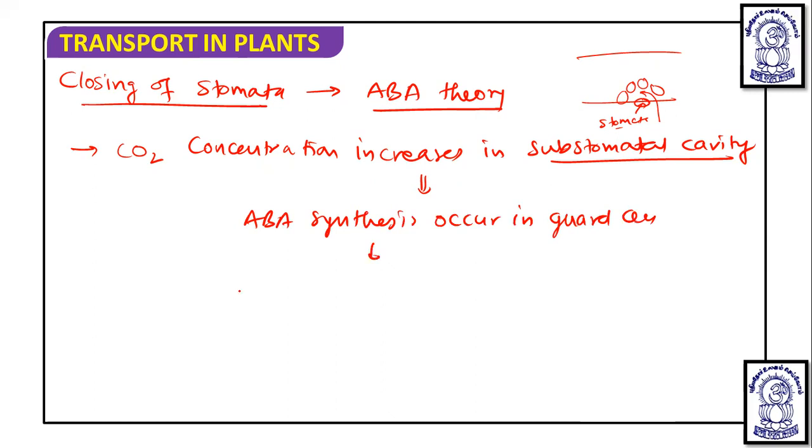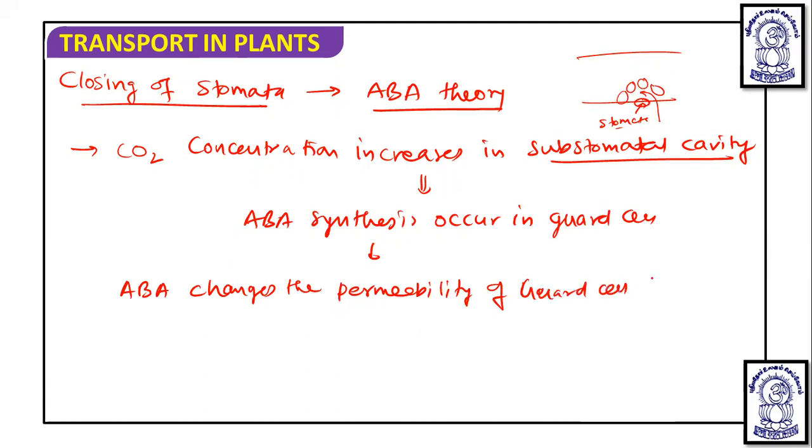Now, this abscisic acid changes the permeability of the guard cell for K plus and causes efflux of K plus from the guard cells.